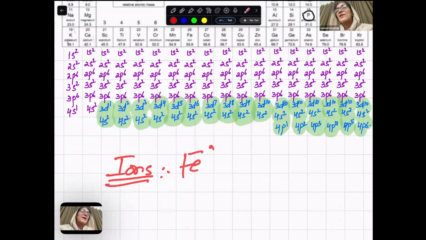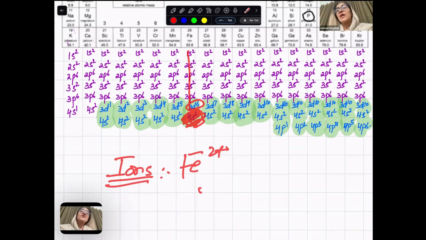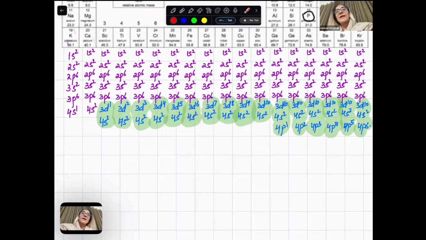Suppose you are making iron 2 plus. So this is your iron. Will iron lose an electron from 3d or 4s? 4s. Iron will lose these electrons. How much is left? 3d6. You must know that after 3p, the electron enters 4s, the remaining into 3d. In 4s, the electron enters first and is also removed first.